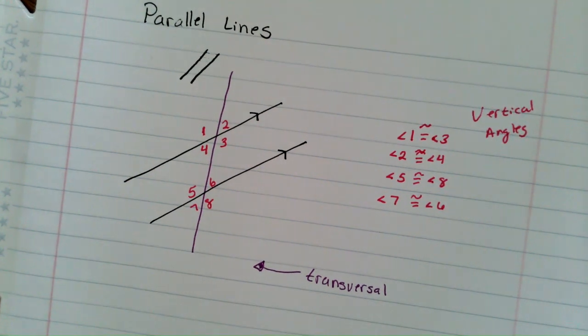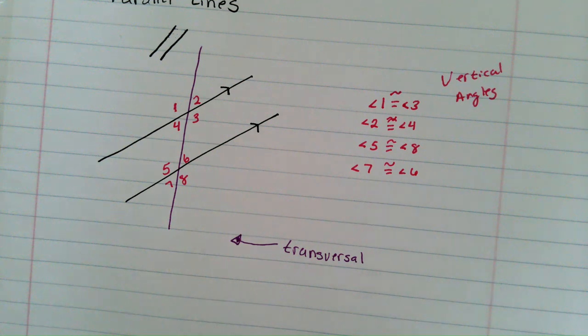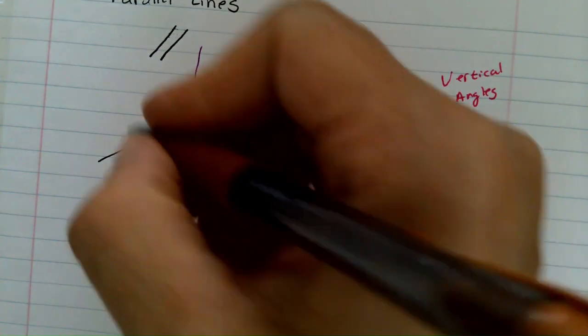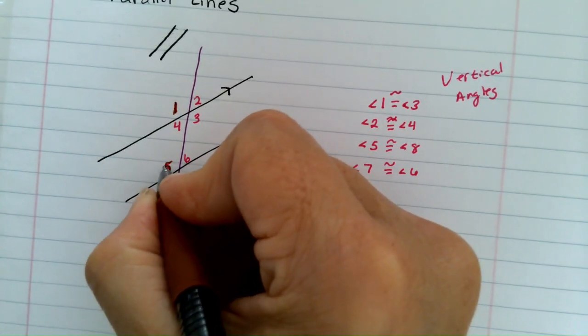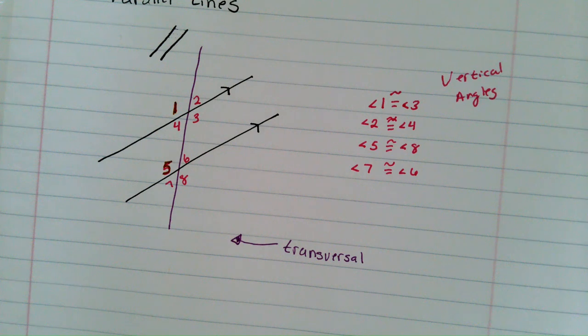Now, vertical angles are not the only thing that we've got going on here. We also have what's called corresponding angles. If you notice, angle 1 and angle 5 are above the vertical line and to the left of the transversal.